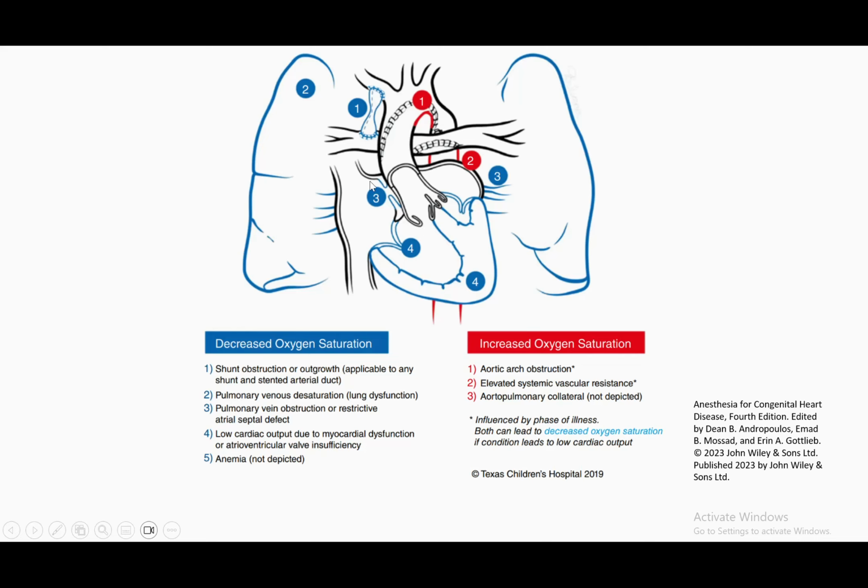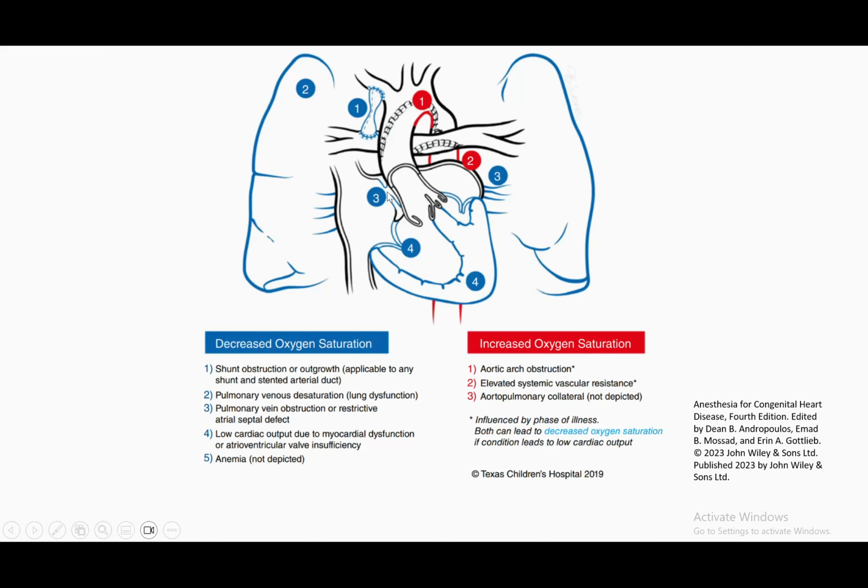If after surgery we find that there is a low oxygen saturation, there are some possibilities, like obstruction or thrombus in the MBT shunt, or maybe, if the patient presents later, the patient overgrew the shunt, so he needs a larger shunt, or pulmonary venous desaturation from lung issues like lung dysfunction or pulmonary vein obstruction, or a restriction in the ASD.